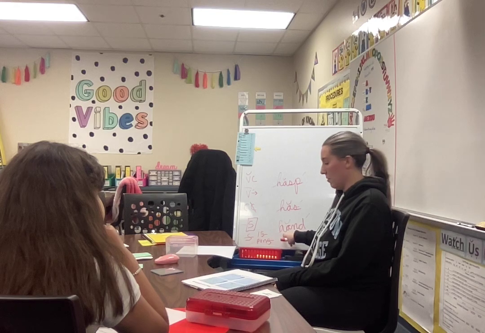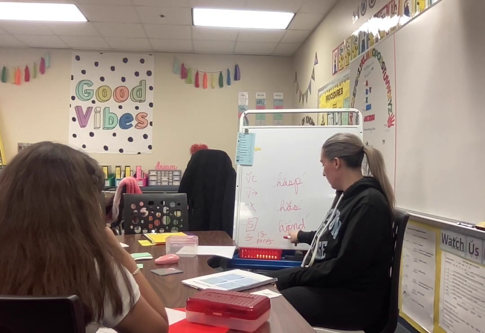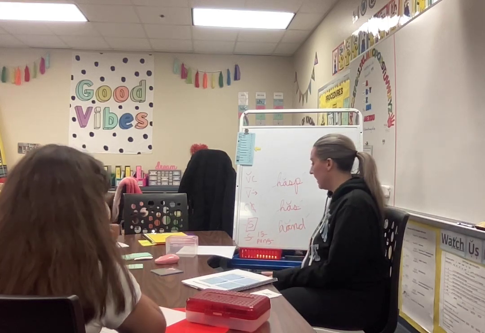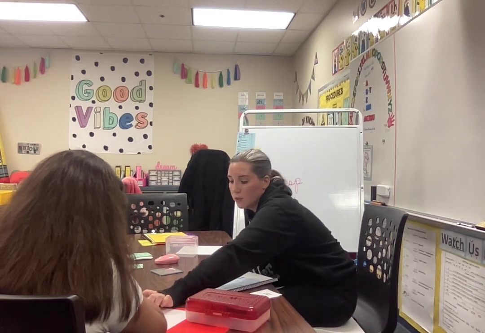Why don't you look on your paper and check, name those letters. Hand. Good, hand. All right, take some time and code rows 1, 2, and 3. Then when we get to those sentences, we'll read them.